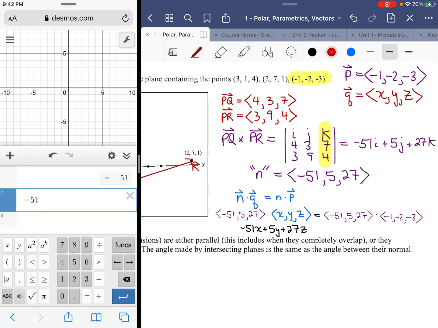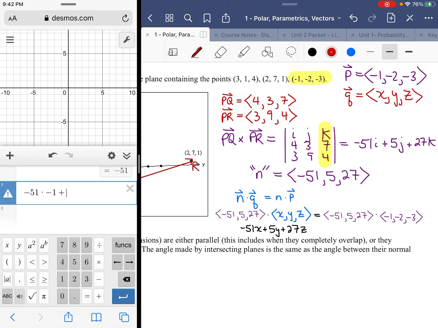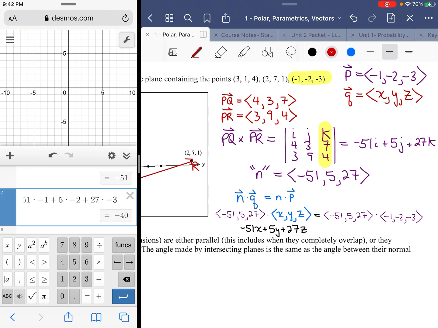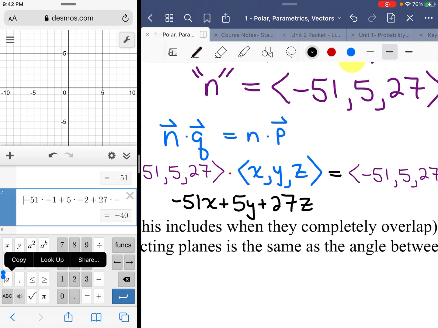So negative 51 times negative 1, that is really just going to be 51, but I'll show it anyway, plus 5 times negative 2 plus 27 times negative 3. And so that'll give us a negative 40. Just doing a quick double check to make sure that I typed it in correctly. So far, so good. Yep, so negative 40. So that ends up being the dot on the right-hand side, which gives me what I'm looking for, and that would be the equation of the plane.